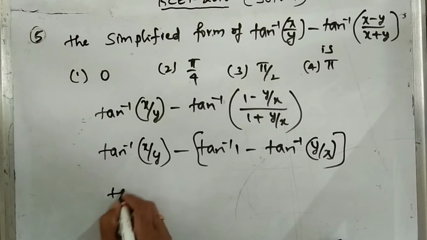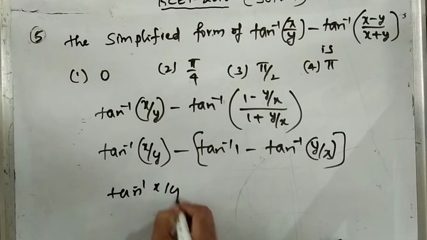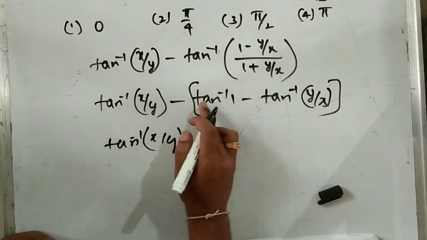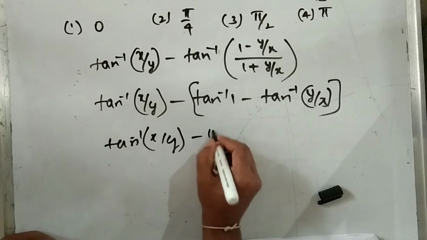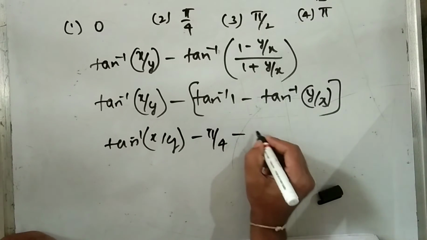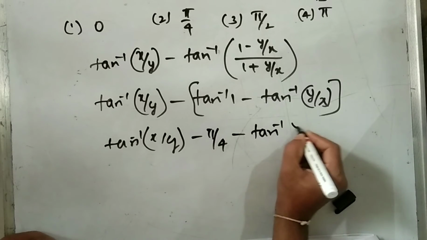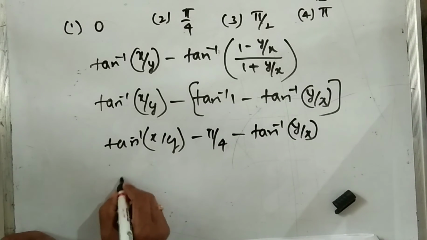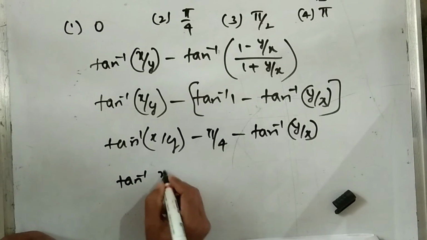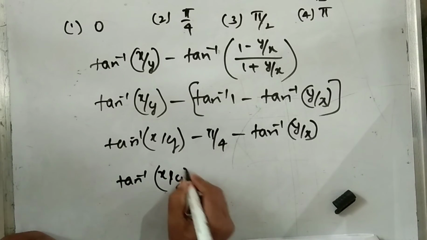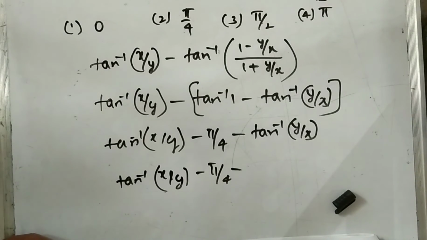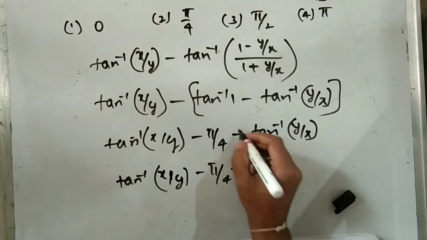Now tan⁻¹(x/y), this becomes minus tan⁻¹1, whose value is π/4, then minus the tan⁻¹(y/x). Oh sorry, minus into minus is plus.